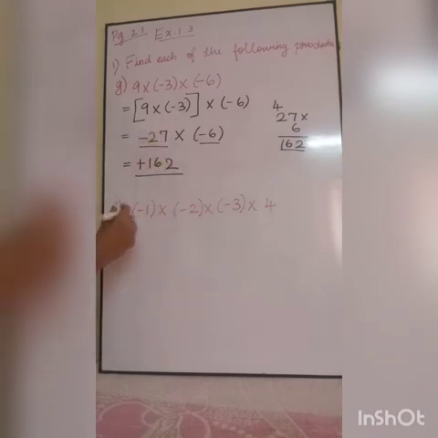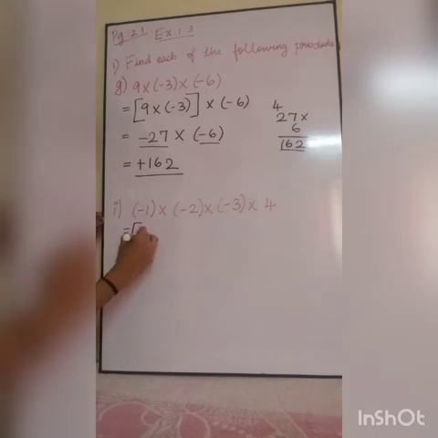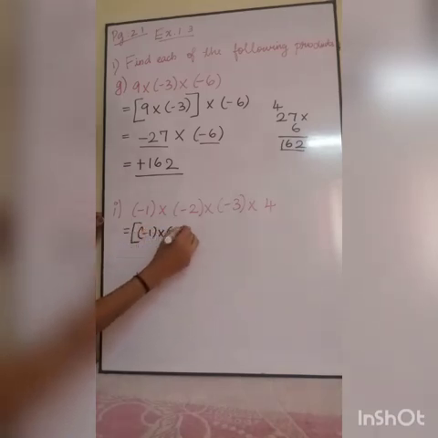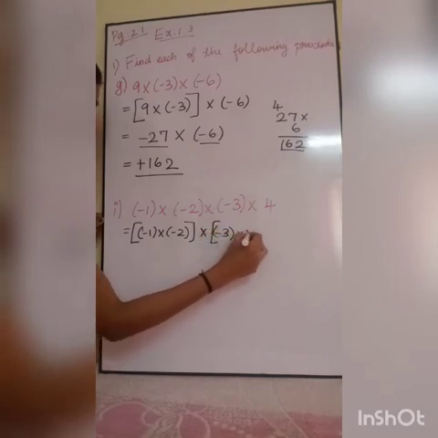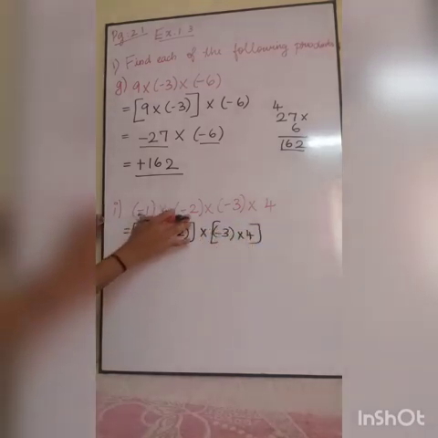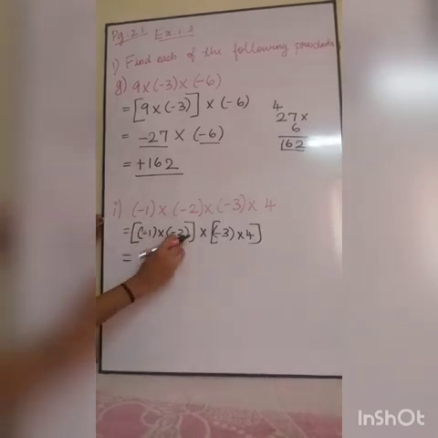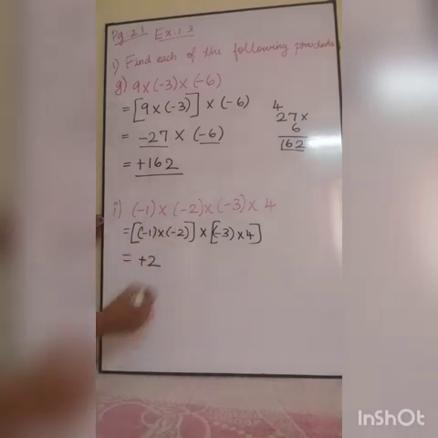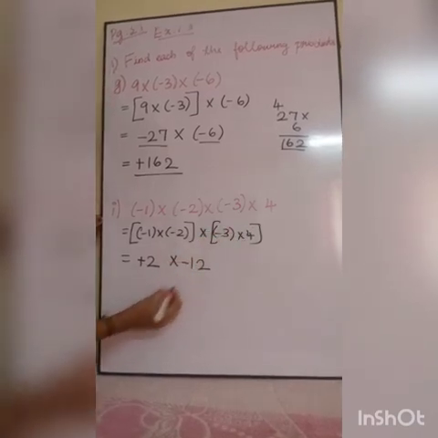Okay, next question. Here, how many integers are there? 4. So how will you combine? You will combine 2 and 2: minus 1 into minus 2, and minus 3 into 4. This is how you combine, this one set and this one set. Minus 1 into minus 2: minus into minus is plus, 2. Then minus 3 into 4 is minus 12.